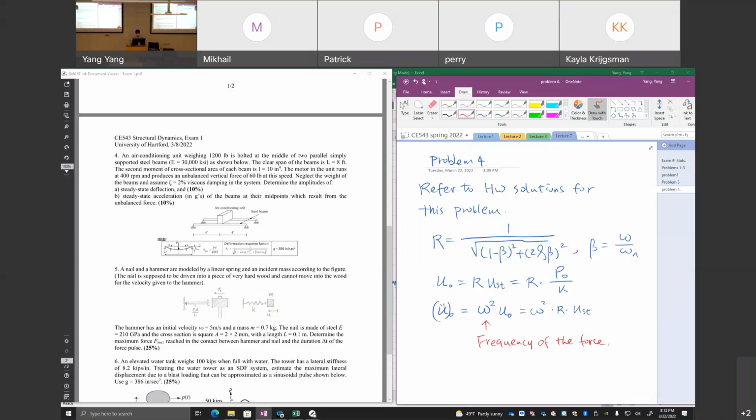This problem, no issues. I believe the majority of the class did pretty well in this problem.